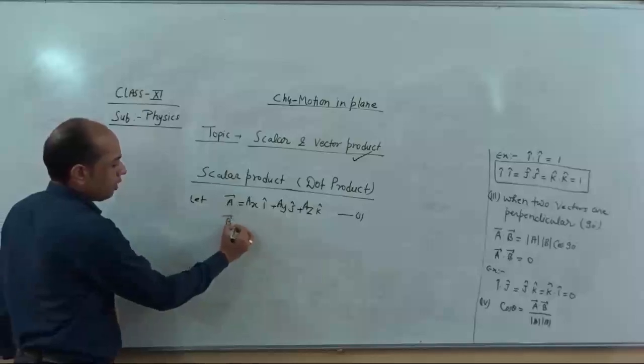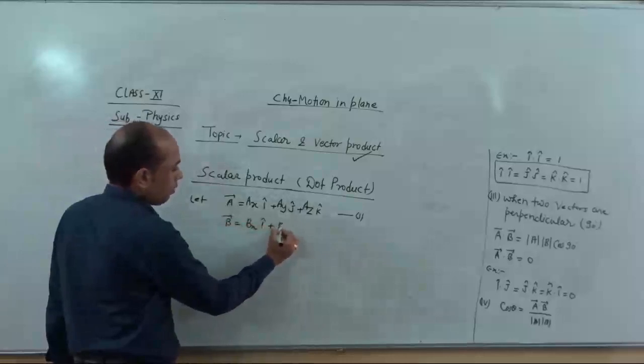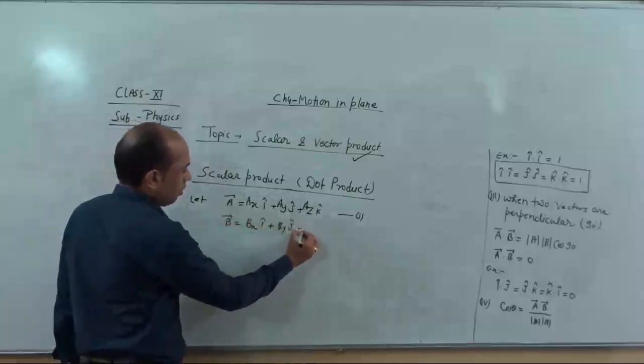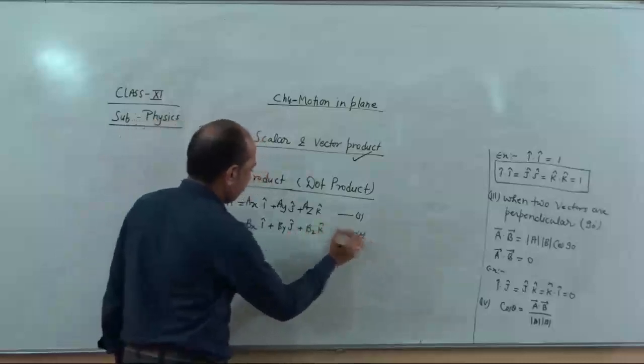Similarly, suppose B vector has x component bx, y component by and z component bz. Equation number 2.